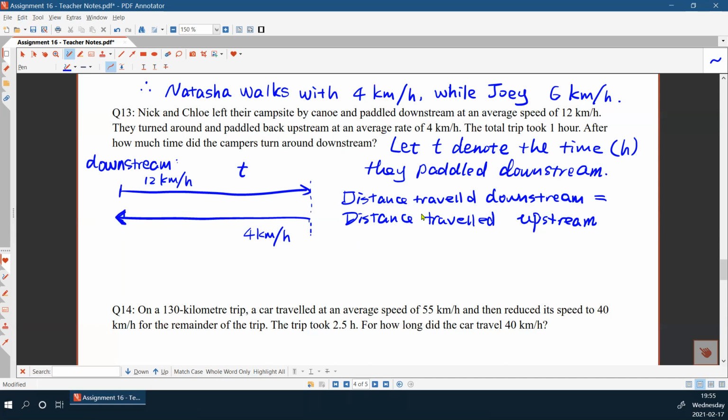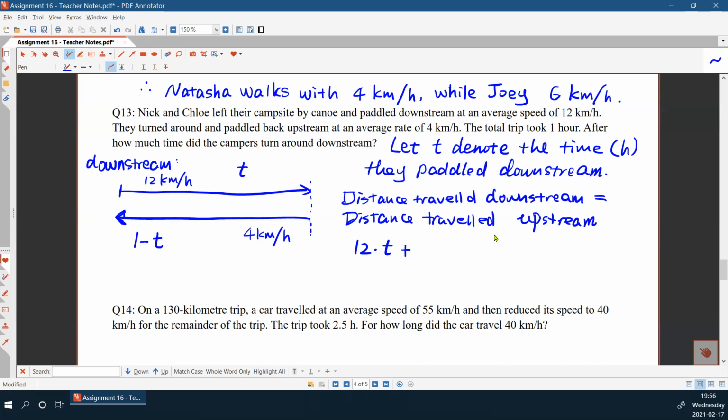So what is the distance traveled downstream? Distance traveled is speed times the time taken, right? So what is the time taken for them to travel upstream? According to the story, the total trip took 1 hour. So that means it took them 1 minus t hours to come back, right?